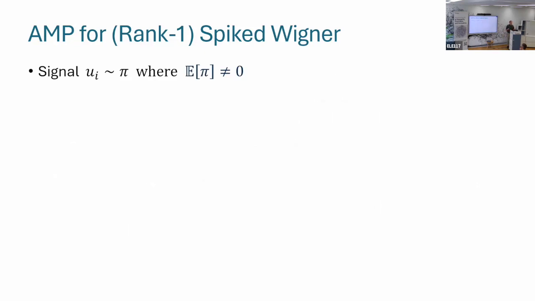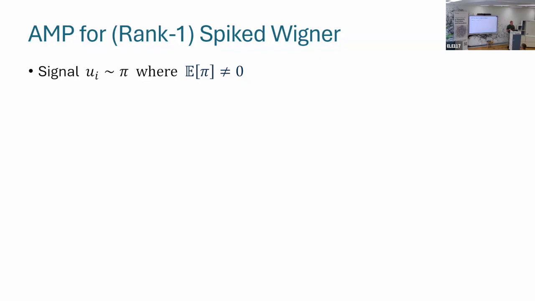Okay, and so what does AMP actually do for the spiked Wigner model, or what does it achieve? The setting I'm going to think about is where the signal vector U is drawn from some prior, where each coordinate is drawn IID from some distribution pi. And I'll assume that the distribution of each entry is not mean zero. It's biased, let's say it's positive.